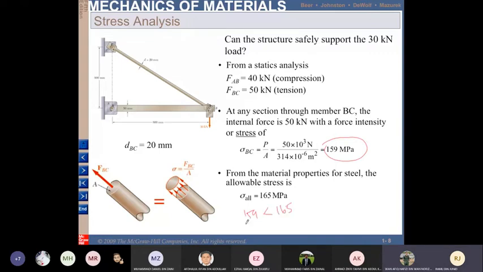That means this 30 kilonewton is safe. So this diameter can be safe to be used.